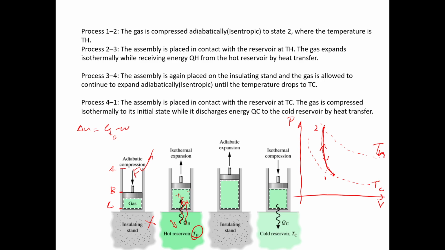Therefore we call this isothermal expansion, because the temperature is kept constant. The volume is increasing because it's expanding, and the temperature is the same because we have Q in keeping the temperature at the same level. Therefore this is an isothermal expansion, up to some point like this.